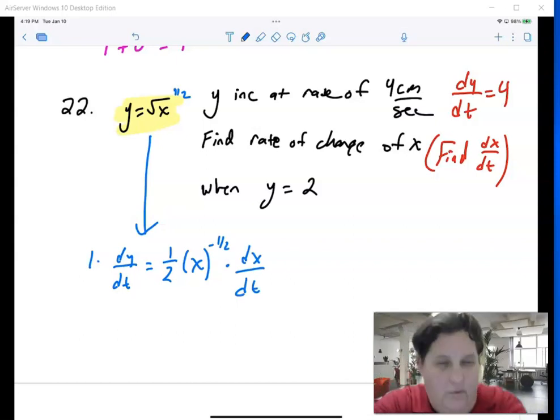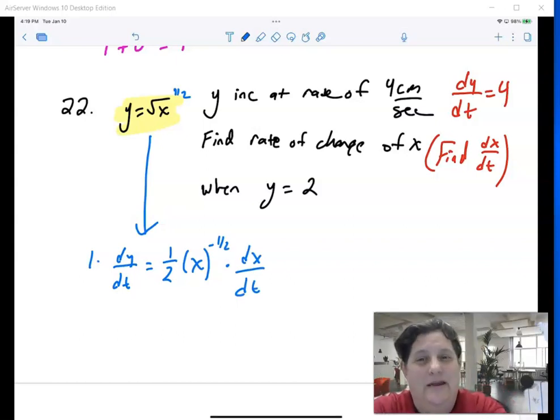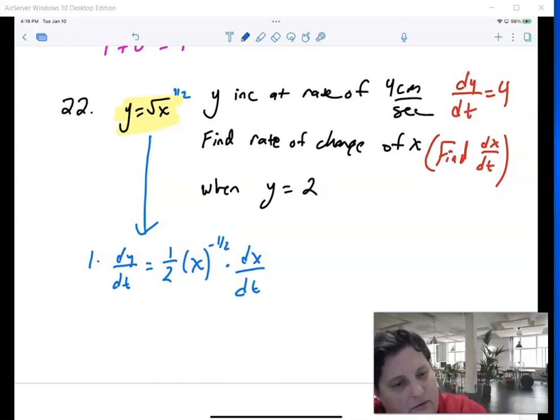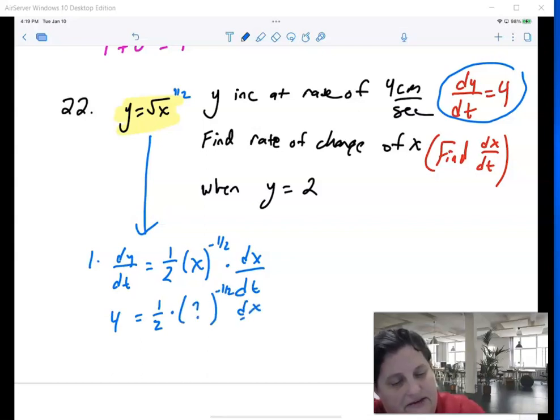Now you guys remember with related rates, you have to do a d whatever dt to everything. So x and y are both these different variables that we're taking with relation to time. So this says dy/dt, which I know was 4, times 1/2 x to the negative 1/2, which I actually don't know, and dx/dt, which I'm looking for.